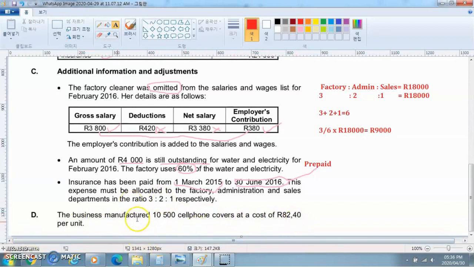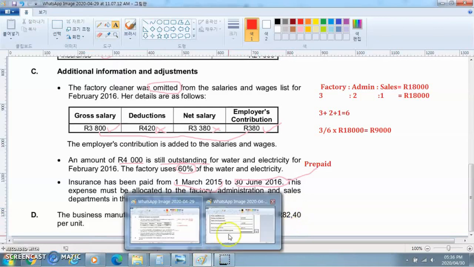This is the cost of the unit produced. So this business was successful in manufacturing the cell phone covers, and they came up with 10,500 cell phone covers at a cost of 82 rand 40.